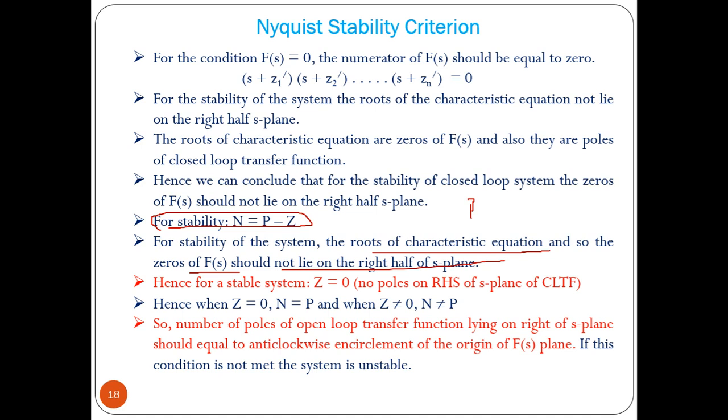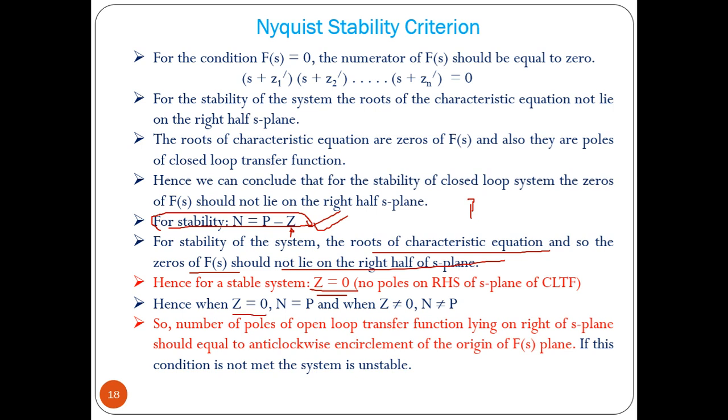For stability, Z should be equal to 0. Z is the number of poles of the closed loop transfer function in the right half plane. So this Z should be 0.